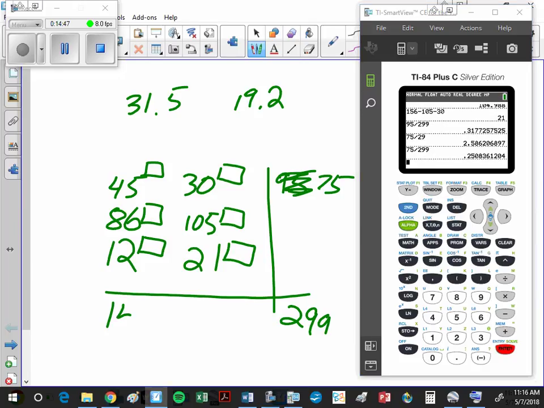And I know that this is 143 and this is 156. So I'll times 143 by a quarter, and I should have made this bigger, 36.